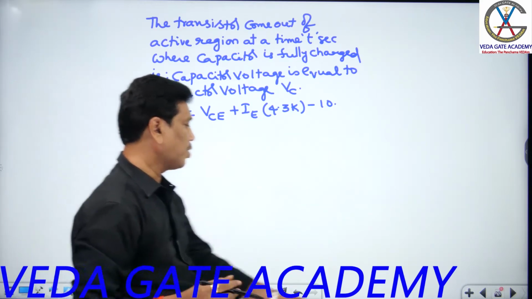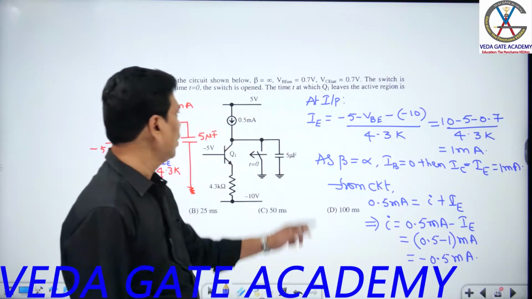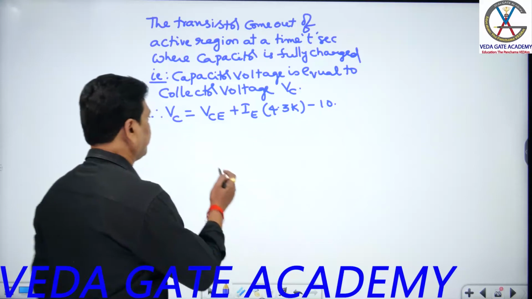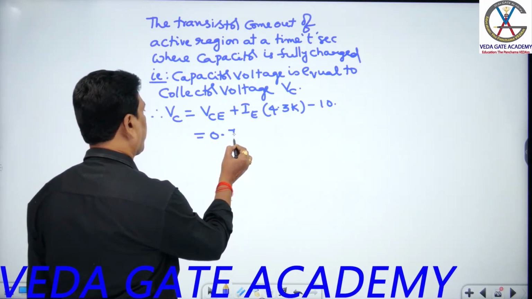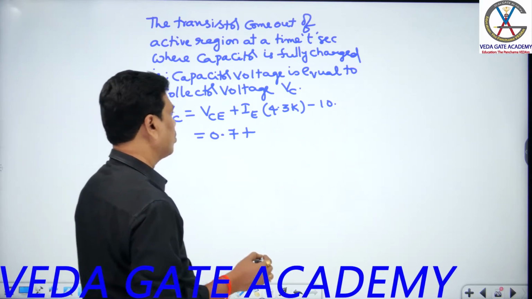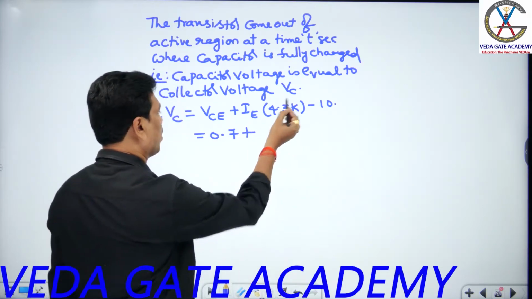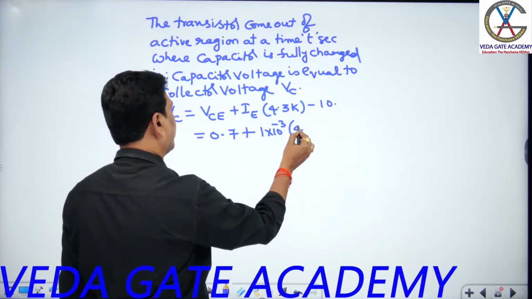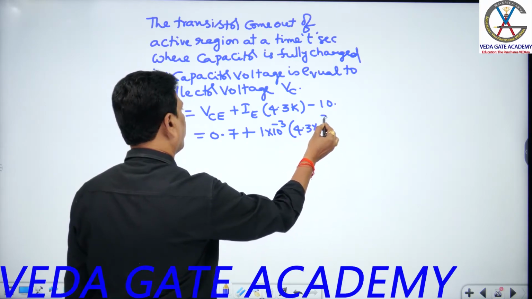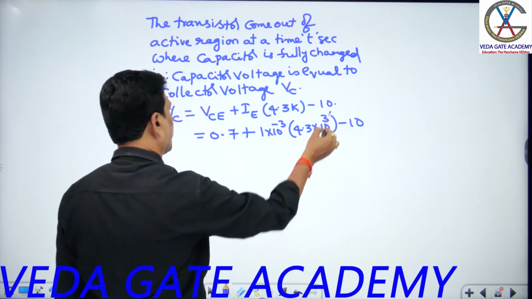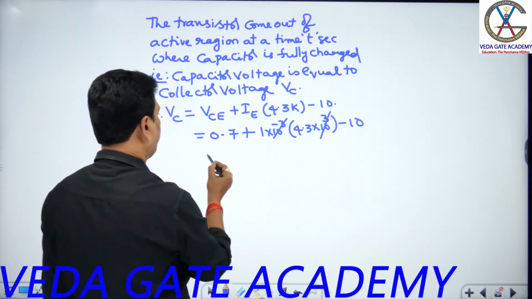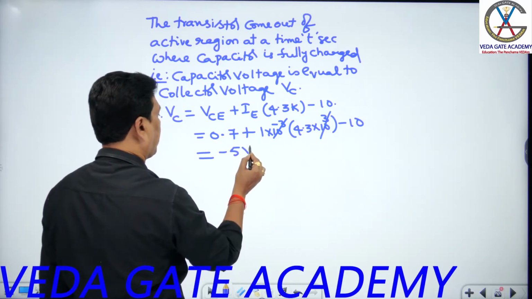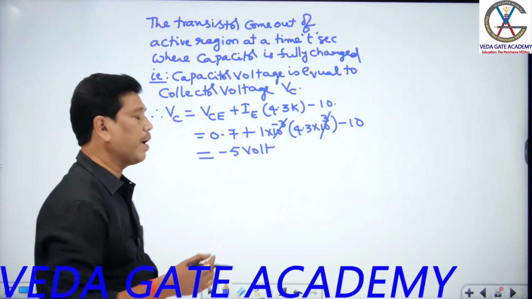VCE in saturation is already given as 0.7. IE we already know is 1 milliampere. So 1 into 10 power minus 3 into 4.3 into 10 cube, minus 10. The 10 power minus 3 and 10 cube cancel. So 0.7 plus 4.3 becomes 5, and 5 minus 10 becomes minus 5 volt. So VC becomes minus 5 volt.